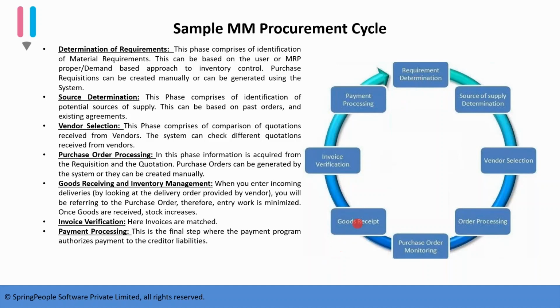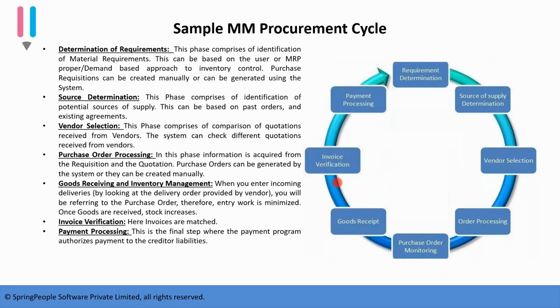And then the next phase is your invoice verification. Now let us assume you are buying something. When you are buying something, you will make the payment only and only when you receive the bill. In layman language it is called a bill, but in technical terminology it is called invoice verification or invoice receipt.